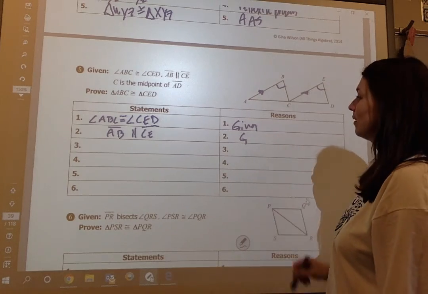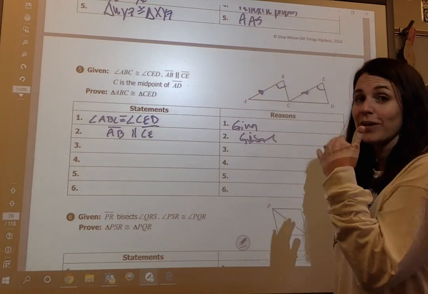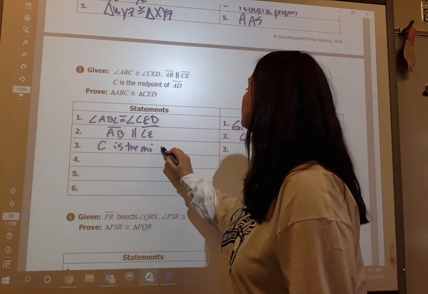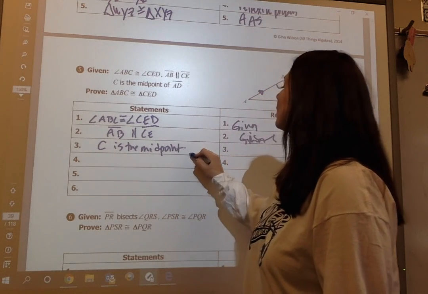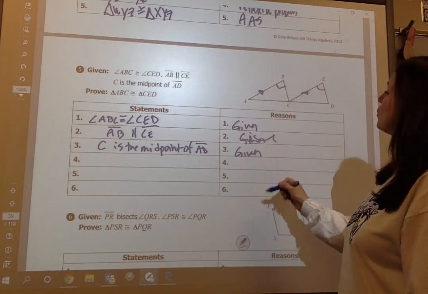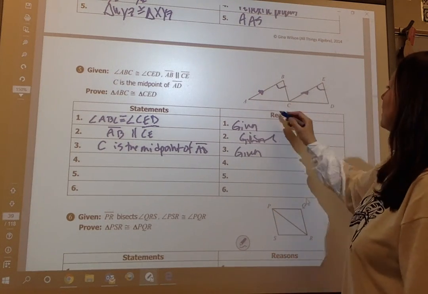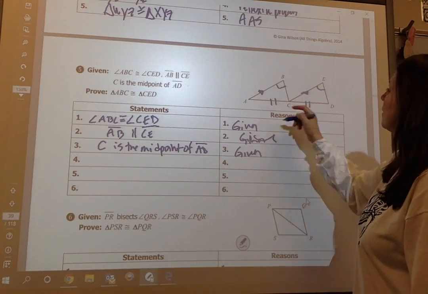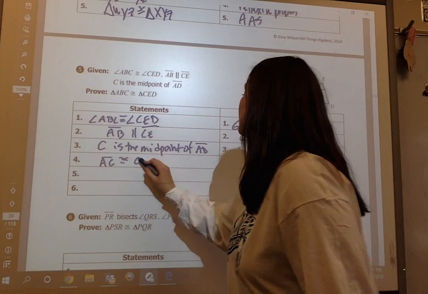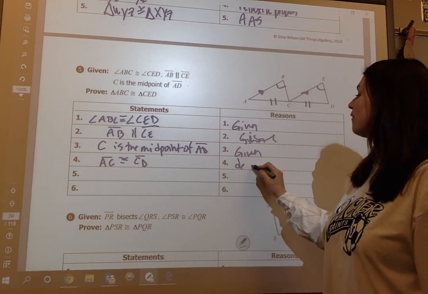Oh no, I got scared. And I know that C is the midpoint of AD, and that is given to me. So if C is the midpoint of AD, I can say that AC is congruent to CD, because of definition of midpoint.